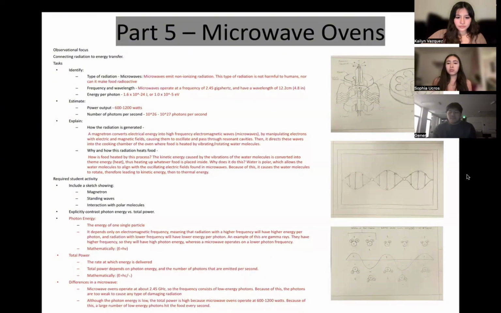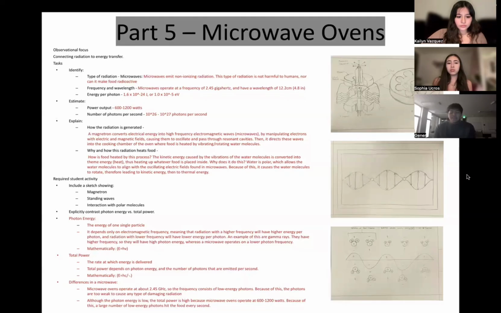The rotational motion increases the kinetic energy of the molecules. When these molecules collide with neighboring molecules, that kinetic energy is converted into thermal energy or heat. Food with higher water content absorbs microwave energy more efficiently, which is why moist foods generally heat faster than dry foods.